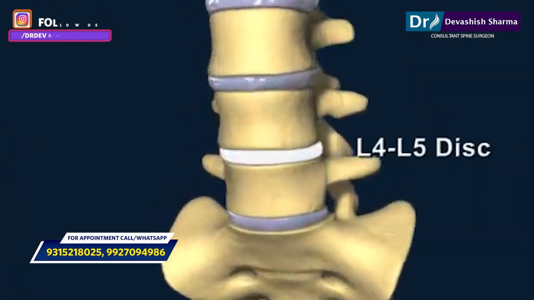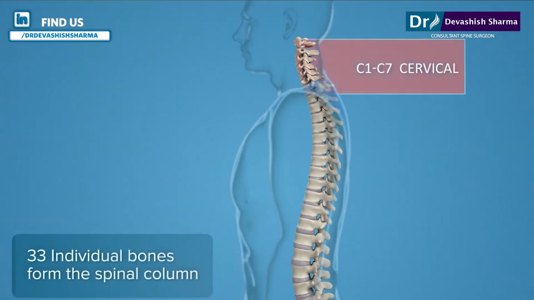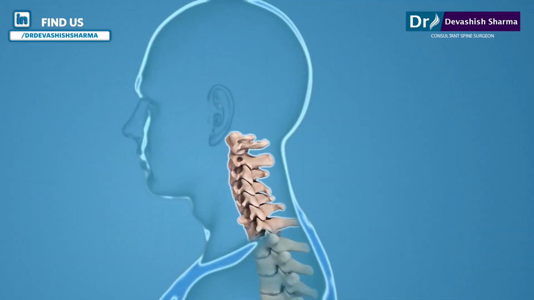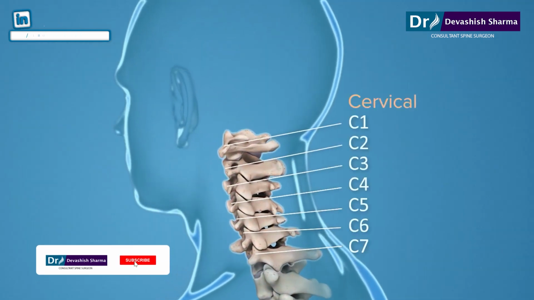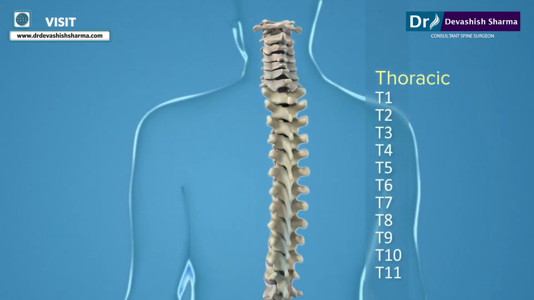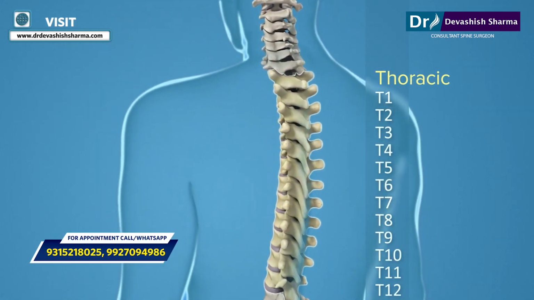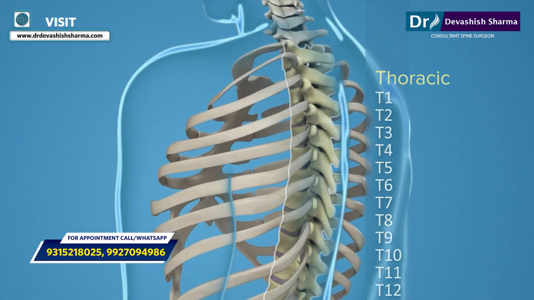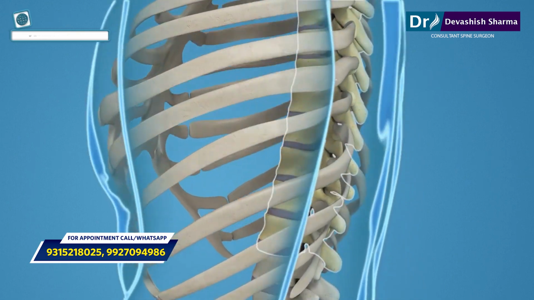So I'm going to do a quick recap of the basic structure of the spine. Our spine comprises primarily three different kinds of bones. Our cervical spine is the neck spine, which has cervical bones. Our thoracic spine, or chest spine, has thoracic bones or dorsal bones.